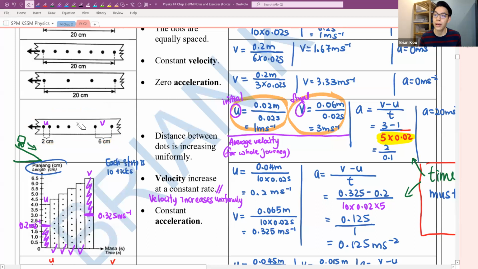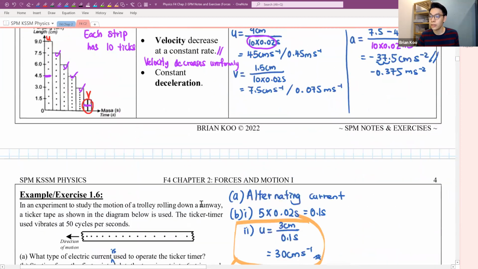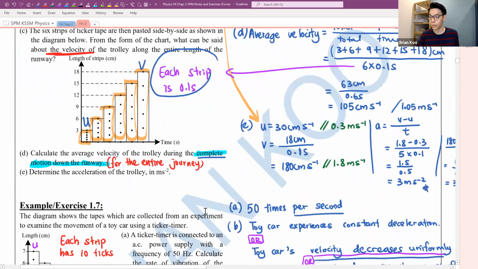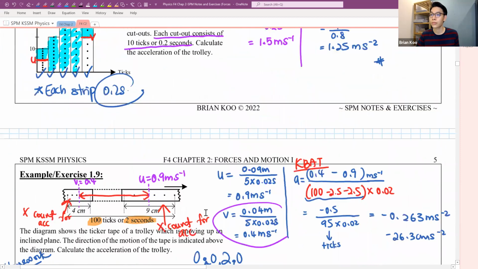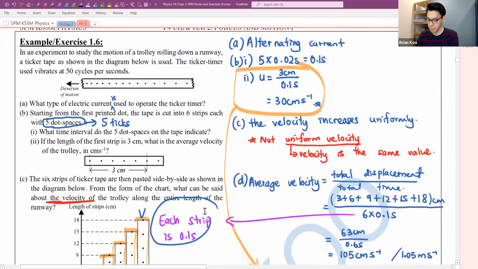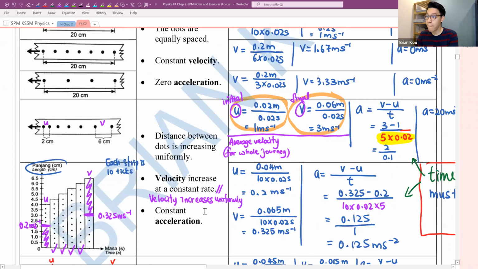But I need you to add one more piece of information here. The whole thing is 24 cm.